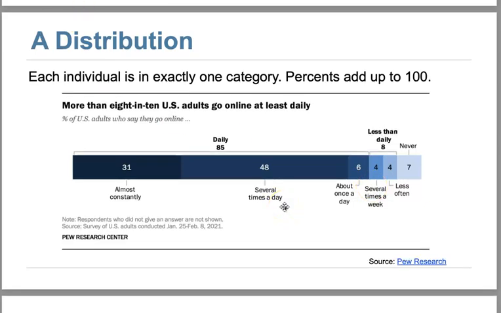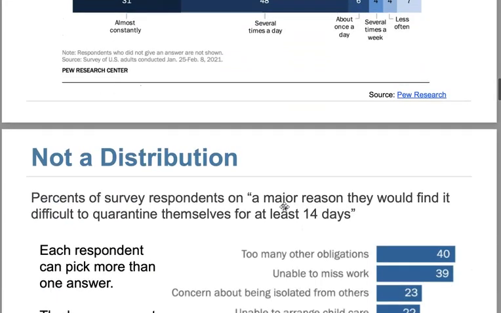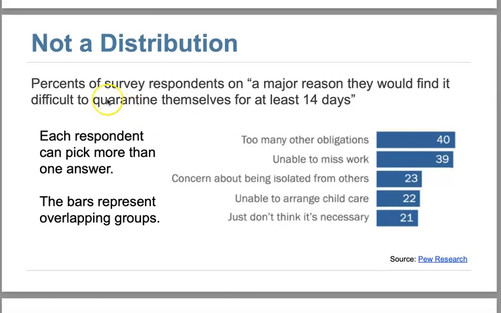But sometimes in a survey we ask a question, and the result may not be a distribution. For example, here is the percent of survey respondents giving a major reason they would find it difficult to quarantine themselves for at least 14 days. That's during COVID time. They do have some choices, but each respondent can pick more than one answer.